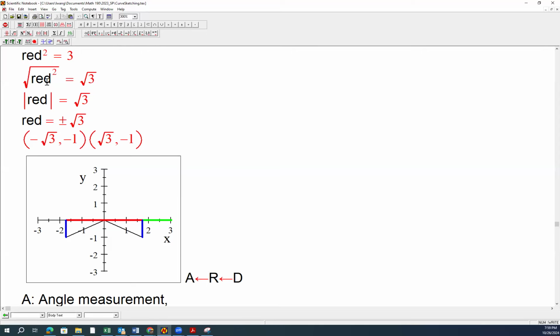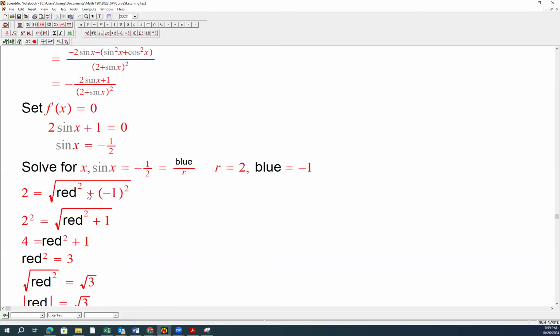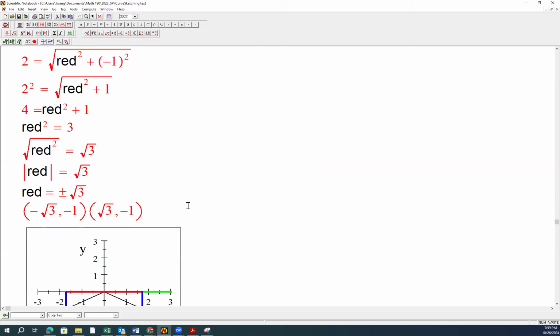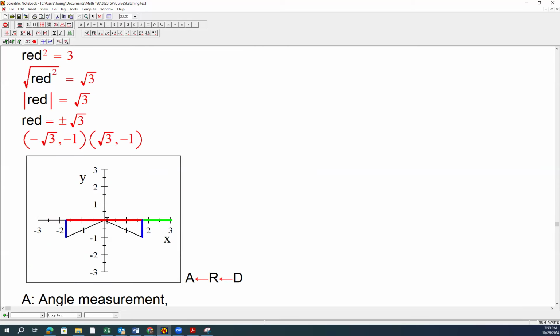And our A, of course, is the X, right? Our A is the input for sine, is the angles. But we already know the angles that terminate either here or there. So how many angles are there?